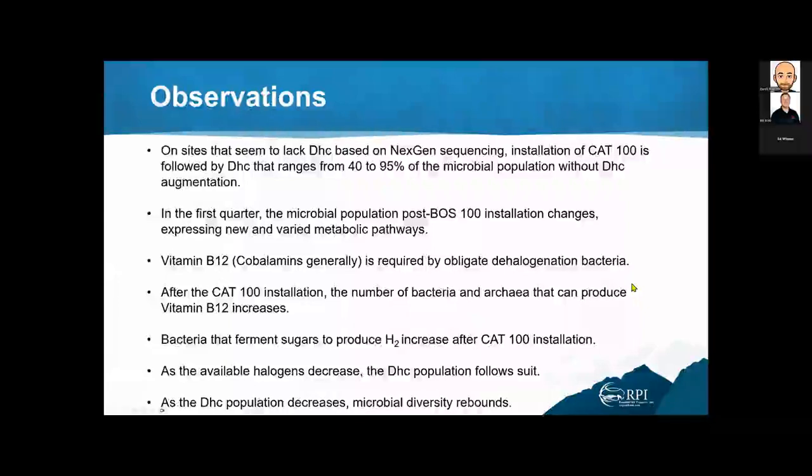On sites that seem to lack Dehalococcoides, based on next-gen sequencing, which should be sequencing basically everything, all the DNA it can find, the installation of CAT 100 is followed by Dehalococcoides that range from 40 to 95% of the microbial population. This is without Dehalococcoides augmentation. In the first quarter, the microbial populations post-BOS 100 change the microbial characteristic of the aquifer and show varied metabolic pathways.